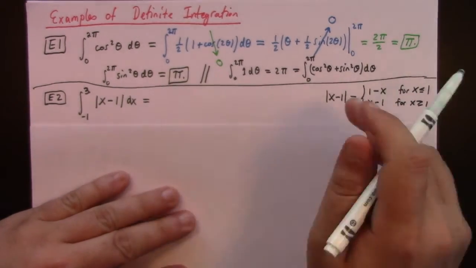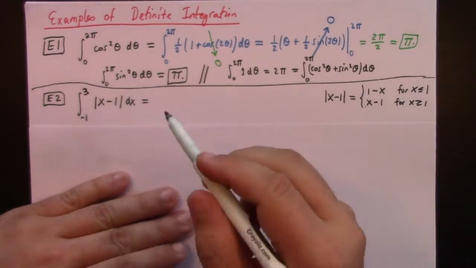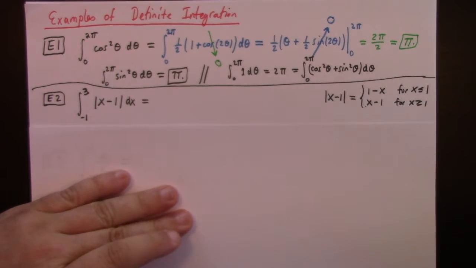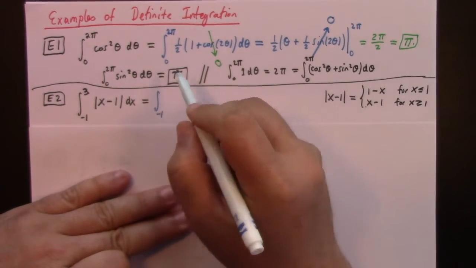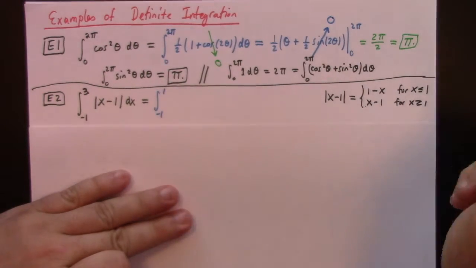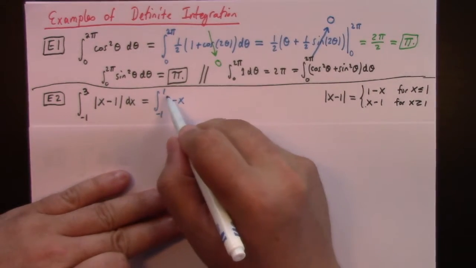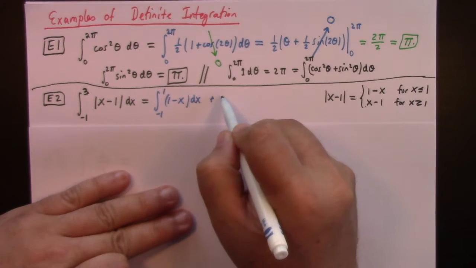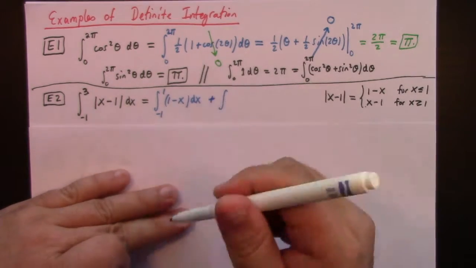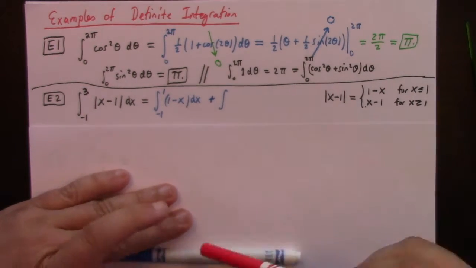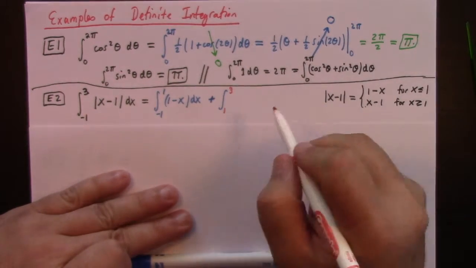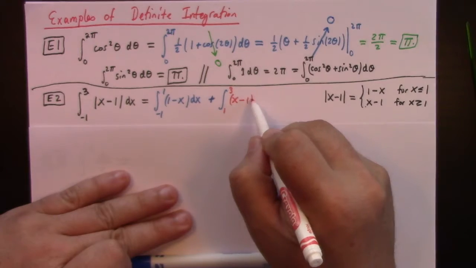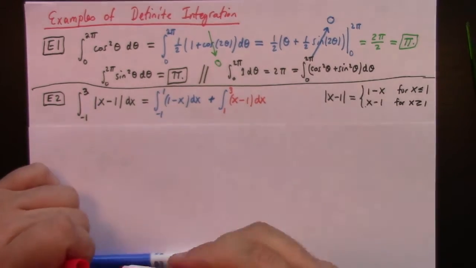So you have to break it up into two pieces. You have the integral from minus 1 to 1 of 1 minus x dx plus the integral from 1 to 3 of x minus 1 dx.